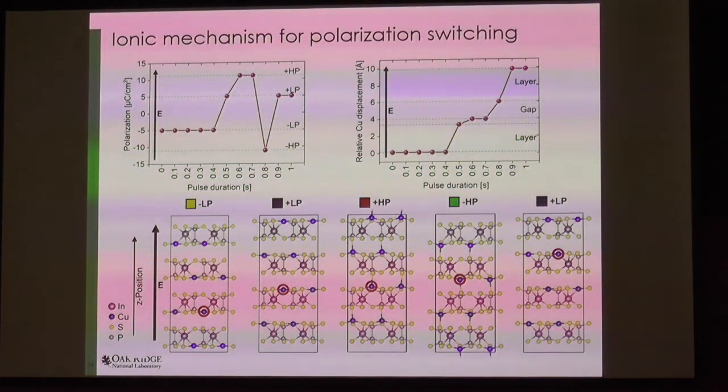Just as a comment, if we were to repeat the calculation across the gap, there would be a P0 state right in the middle of the gap. So it goes through two centrosymmetric structures, one in the middle of the layer, the other in the middle of the gap. In the state that's close to the largest polarization, it drops toward the middle of the gap and then picks up on the other angle.